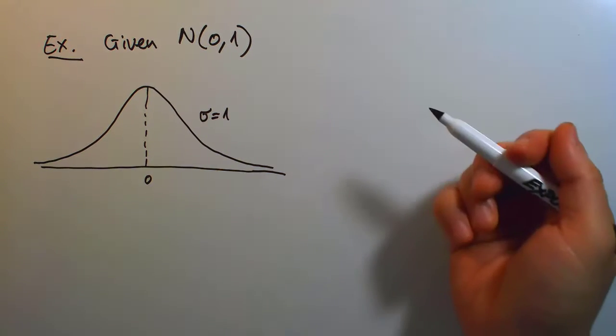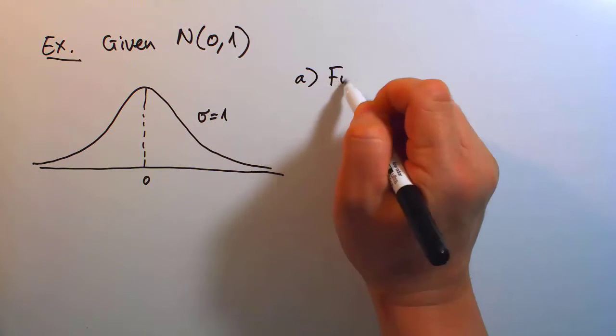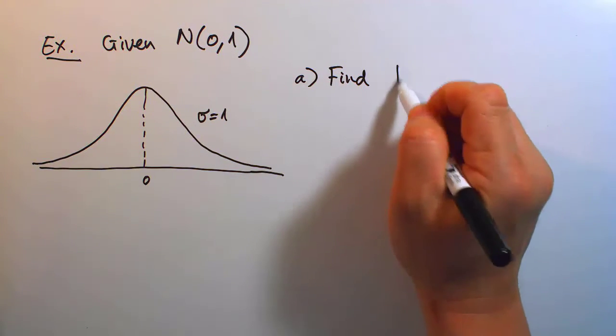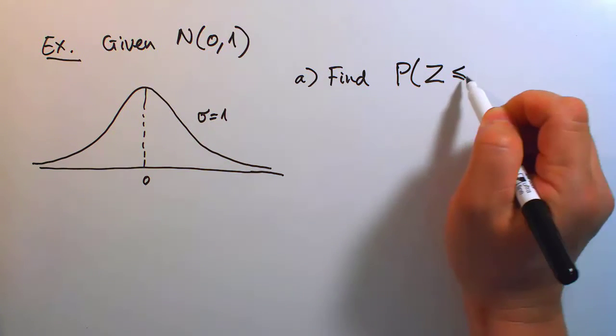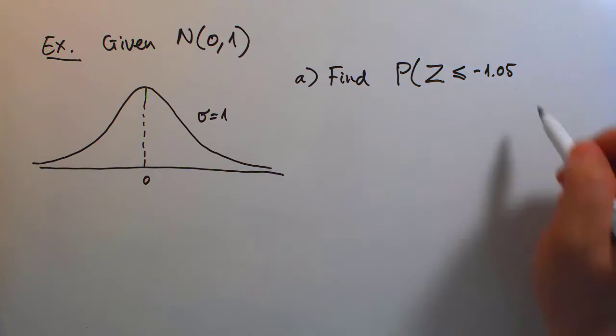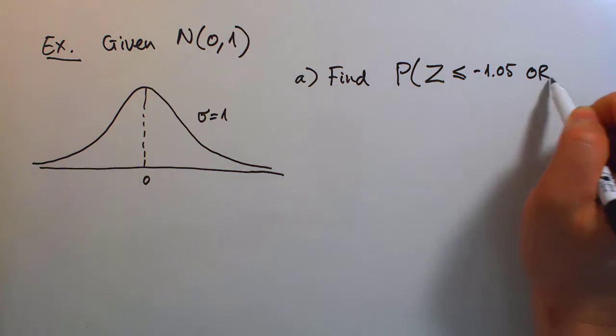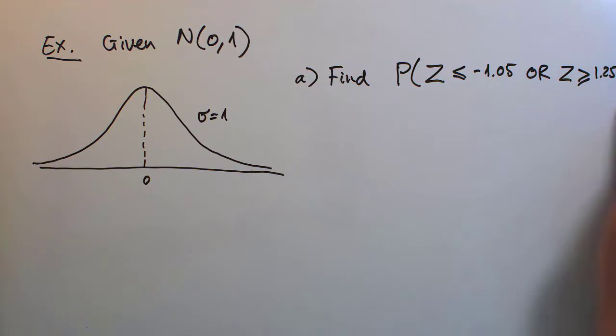Now the question I'm looking at is here. I would like to find the probability where my z-score is less than or equal to negative 1.05. But on the other hand, we're also looking for z-score greater than or equal to 1.25.